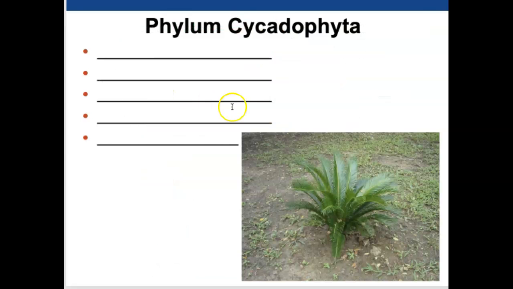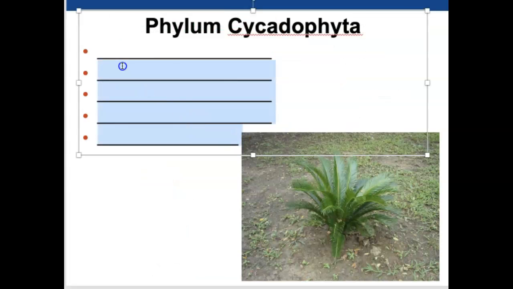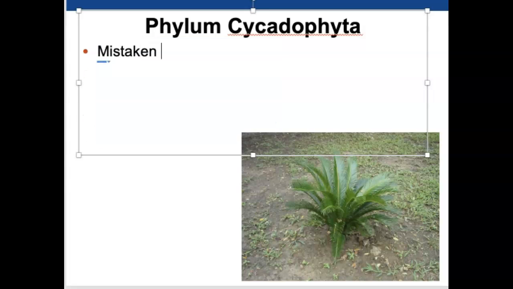All right, let's check out Cycadophyta, cycads. Now, often these are mistaken for palm trees. This is a cycad, however we want to say it, whatever accent or enunciation. They look like miniature palm trees.